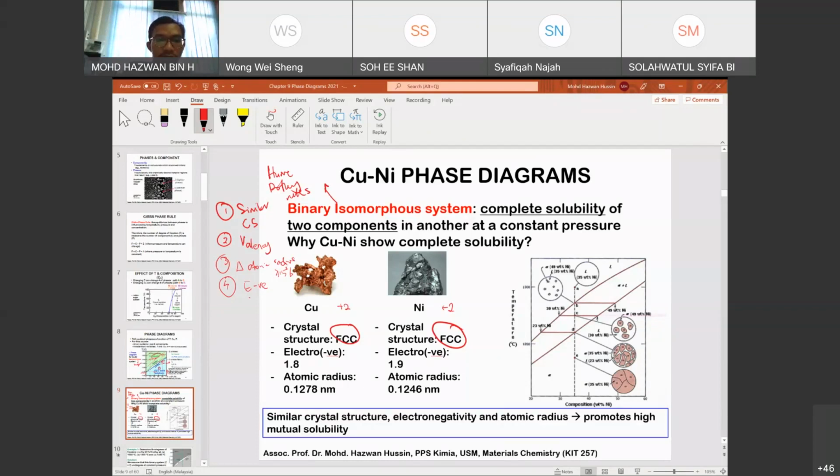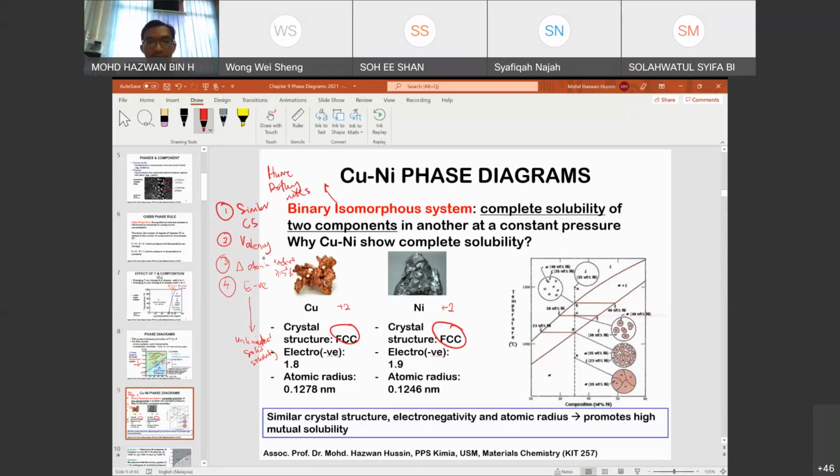Okay, it will achieve unlimited solid solubility. So it means that it dissolves. Unlimited solid solubility. If it doesn't follow, then it will achieve limited solid solubility.